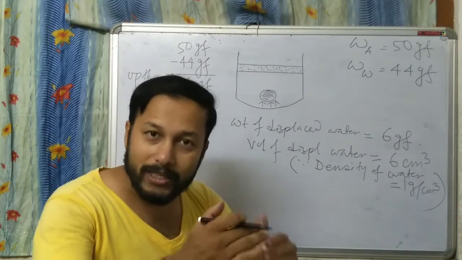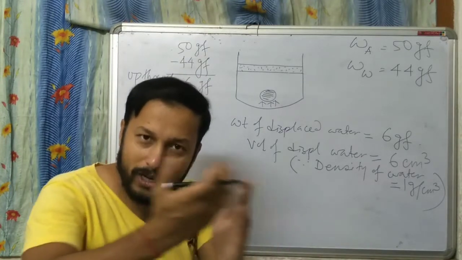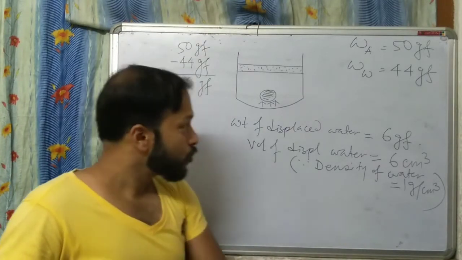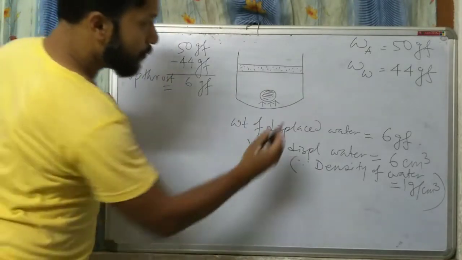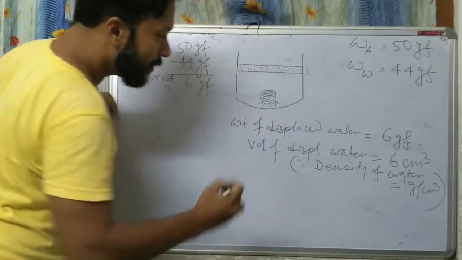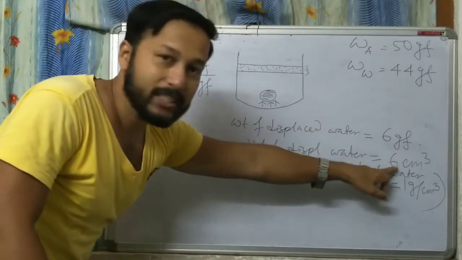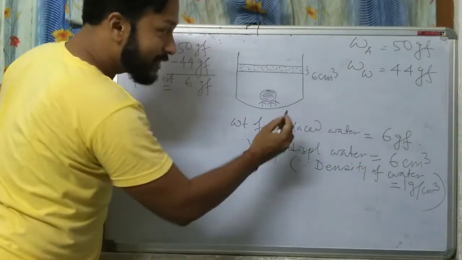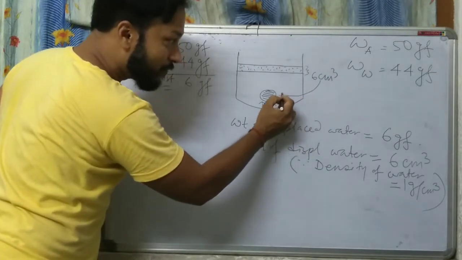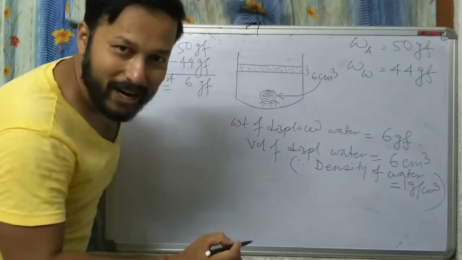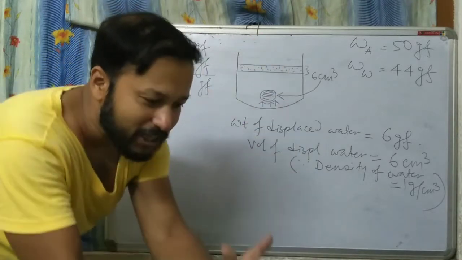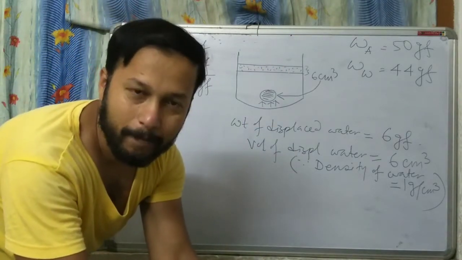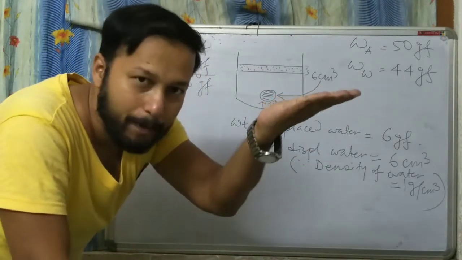That's why the weight of water is only the volume of water. So what is the volume of this much water? The volume of this much water is 6 centimeter cube. This 6 centimeter cube is the volume of this solid. When you have immersed a solid in a liquid, then the liquid level will go up.